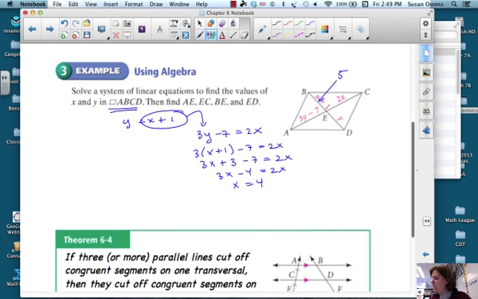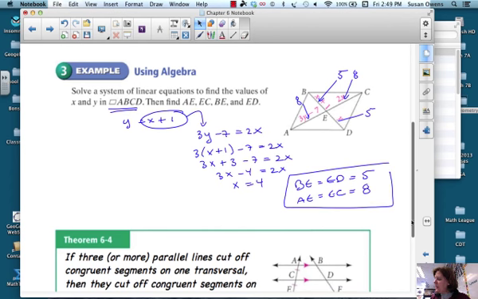Y is only one more than that 4, so this is 5. And this is twice x, so this one is going to be 8. And then 3 times that 5, so this will be 15 minus 7, which is also 8. Okay, so we have that BE is equal to ED, which is equal to 5, and we have AE is equal to EC, which is equal to 8.